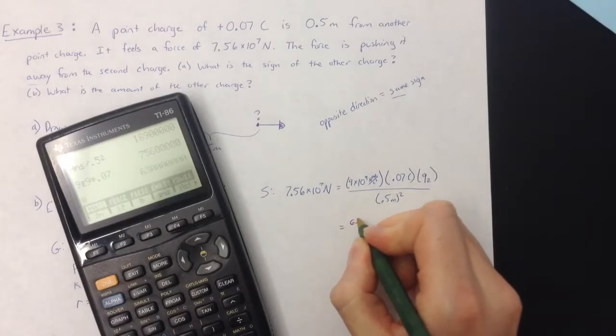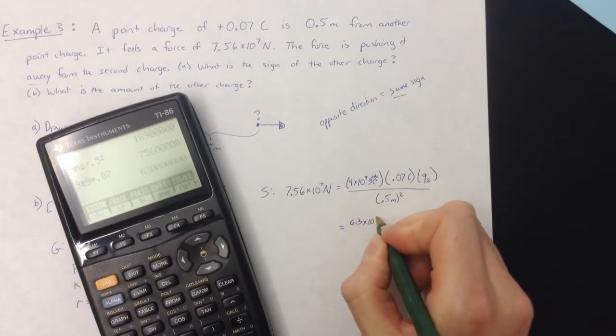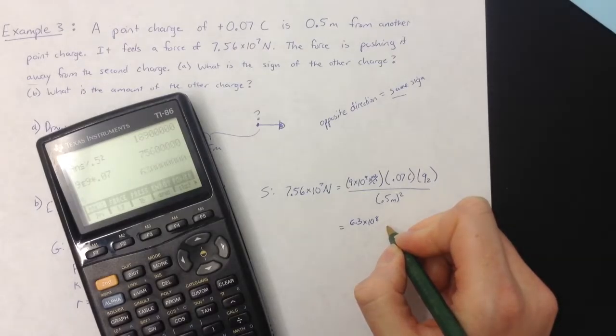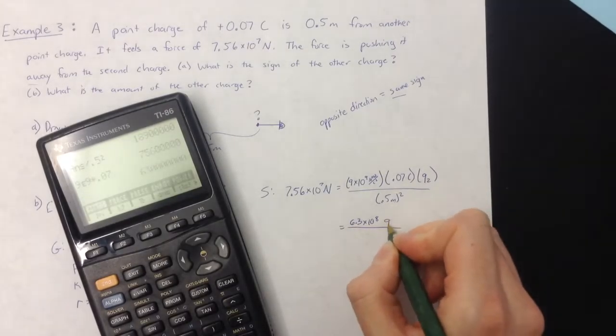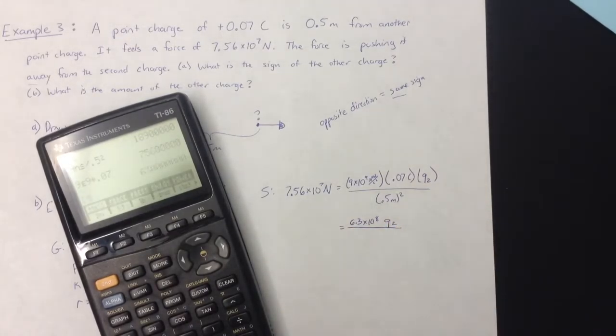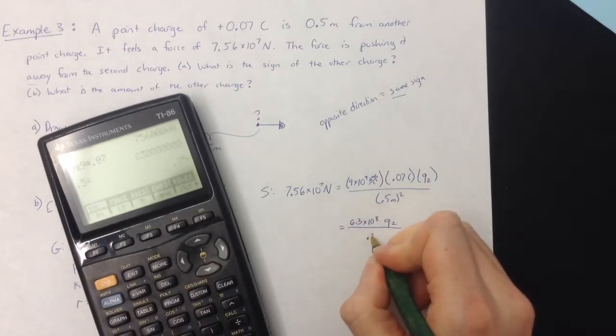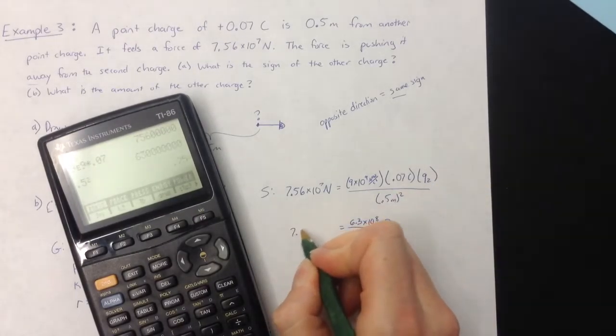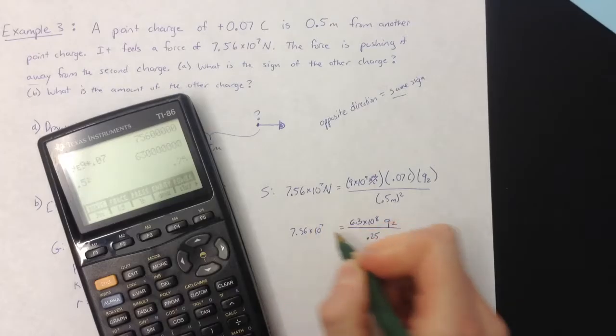It's 6.3 times 10 to the 8th. And then I still have Q2 up there. And then 0.5 squared is 0.25. And then I still have my 7.56 times 10 to the 7th over here.